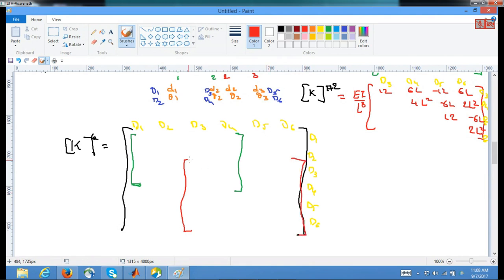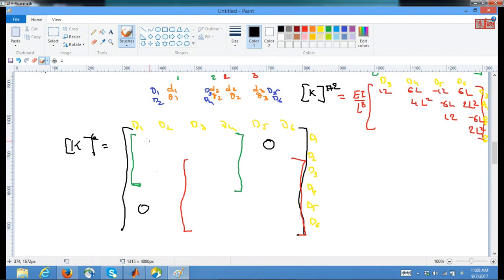So here you have addition of stiffness coming from element 1 and element 2. Here this is only stiffness coming from element 2. Here the stiffness is only coming from element 1, and here there is no stiffness coming, so this is 0.